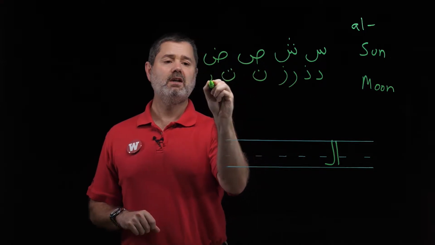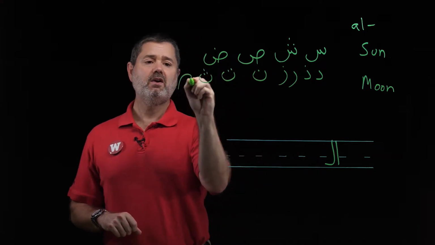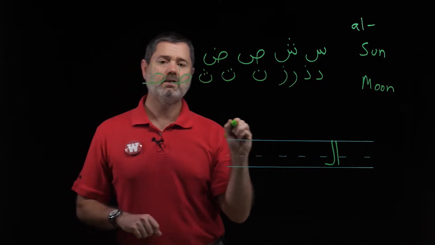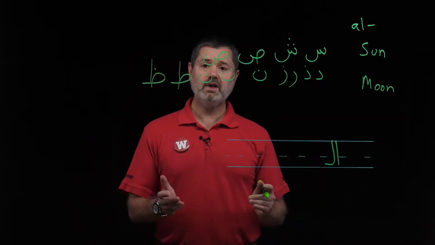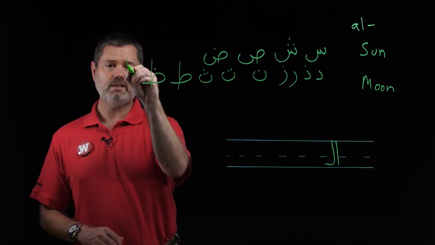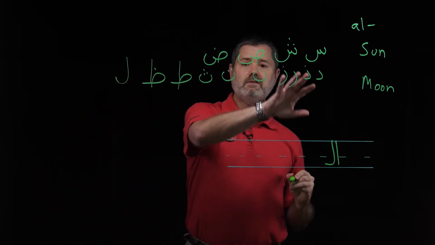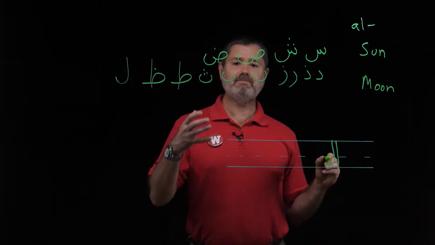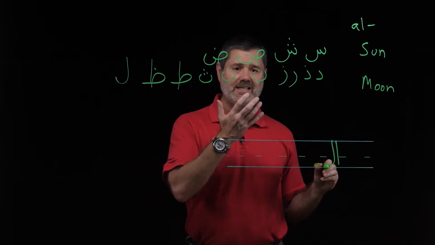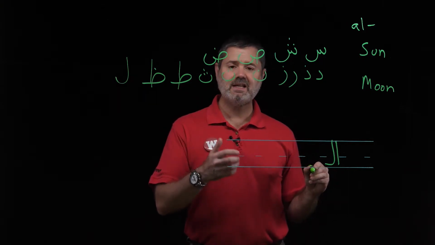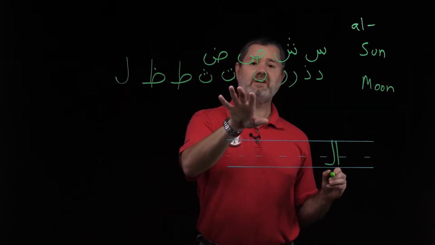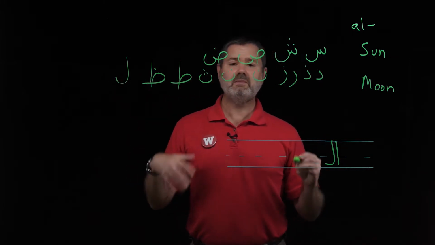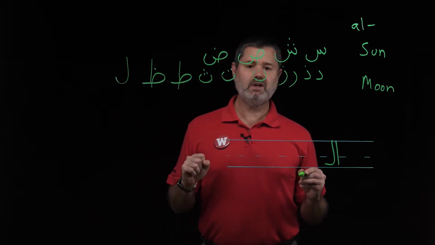We have ta, tha, ta, the. And the final one is lam itself. La, la. All of these are made in the front of the mouth. So again, don't memorize these. Just get a basic idea. It's the S sounds, the T sounds, the D sounds, the Ra sounds, and the noon and the lam, but all the sounds that are made in the front of the mouth.